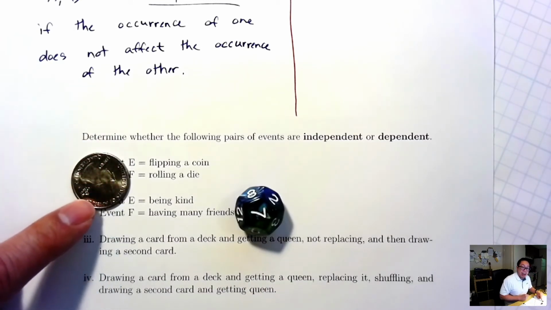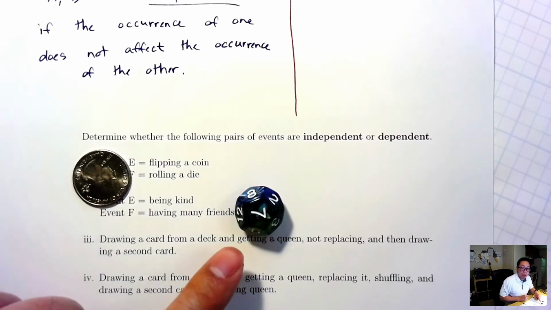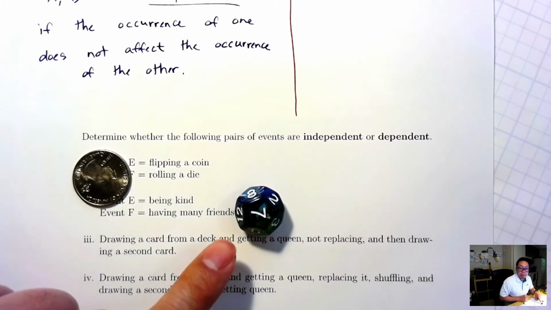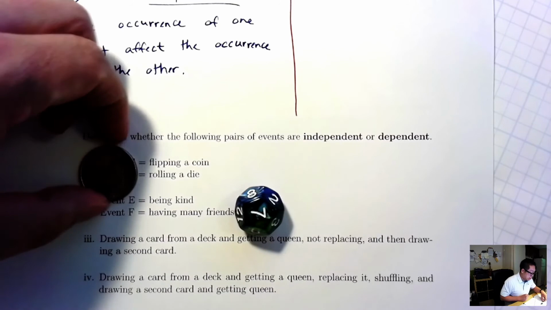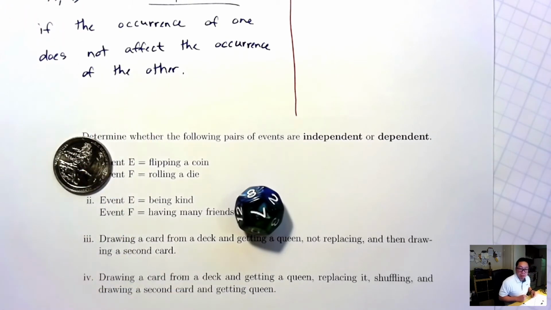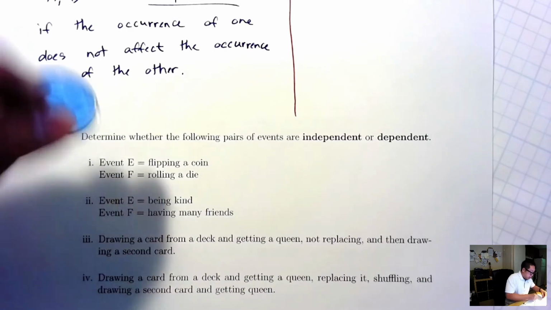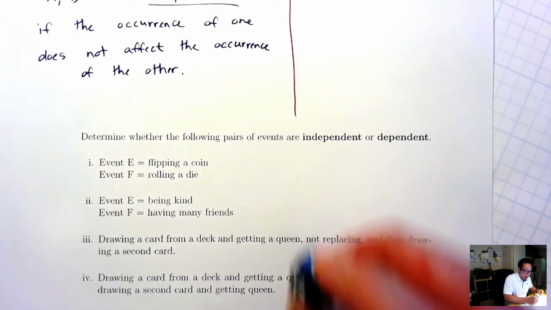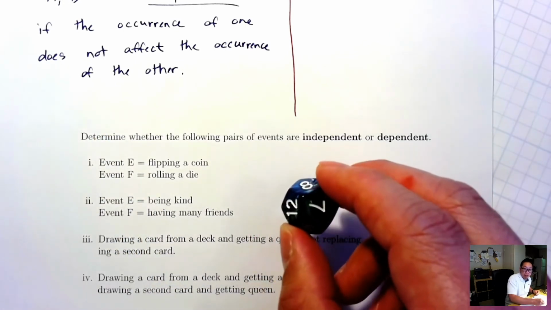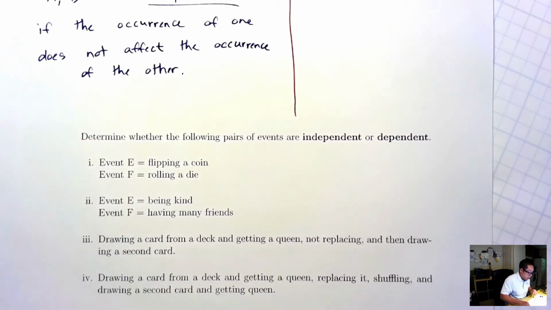Does getting a head on a coin affect what happens on the dice? Does getting a tails on a coin affect what happens on the dice? It doesn't, right? So whatever happens on a coin has no effect on what happens on a dice, and vice versa. So flipping a coin and rolling a die is independent.